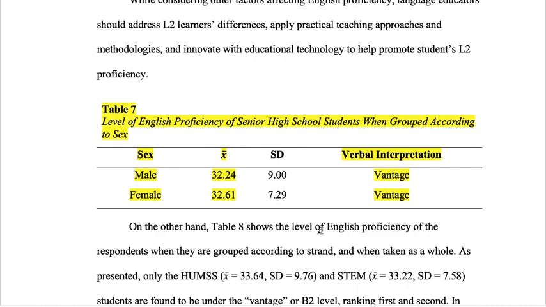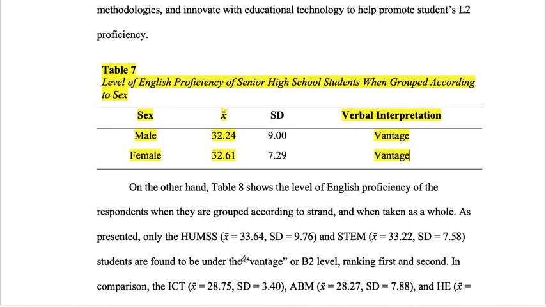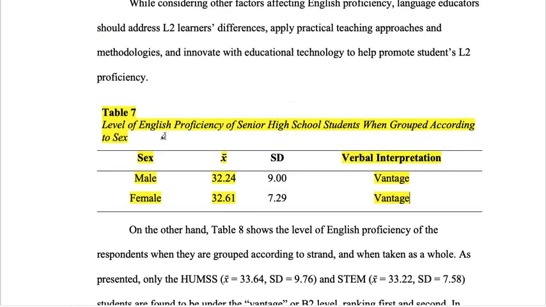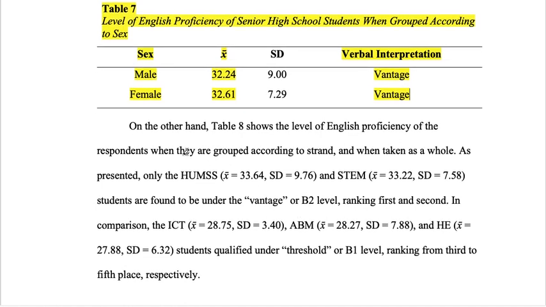Okay? So follow this table class during the examination as well as during the writing of your results and discussions. All right? So finally, of course, this is according to sex. There is also data about level of English proficiency when the senior high school students are grouped according to strand.